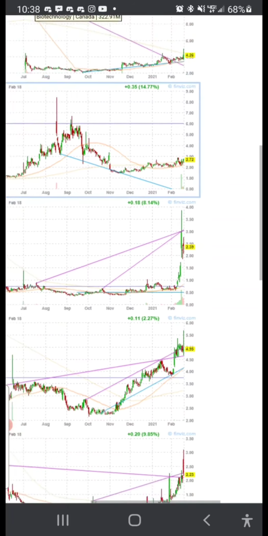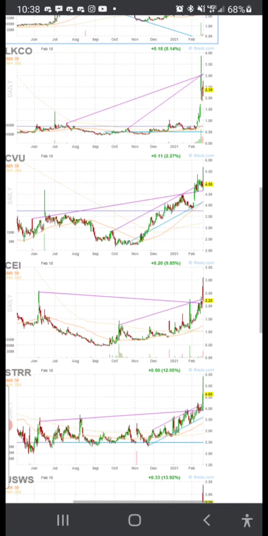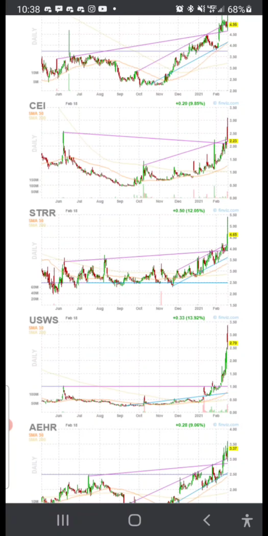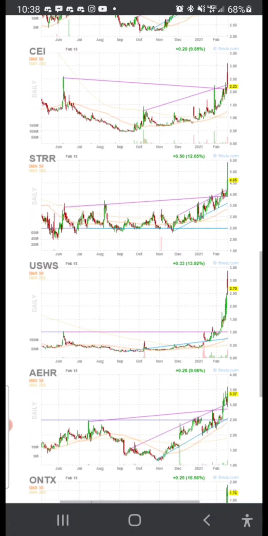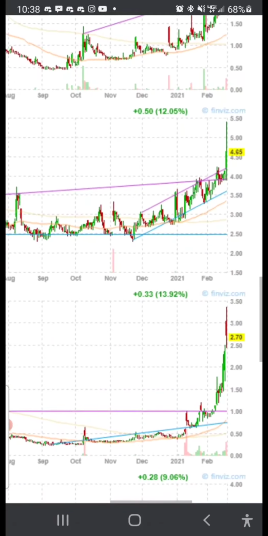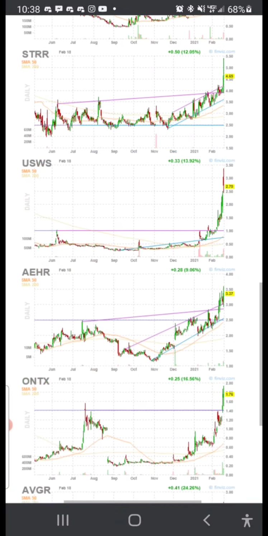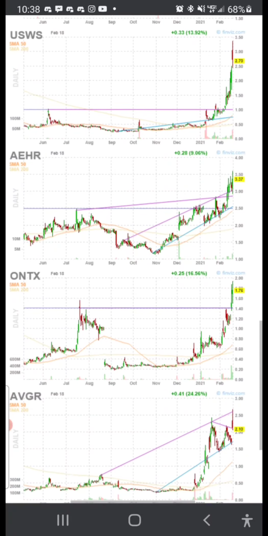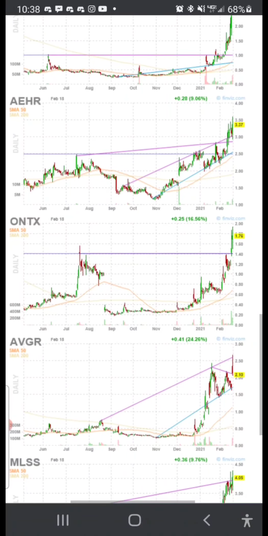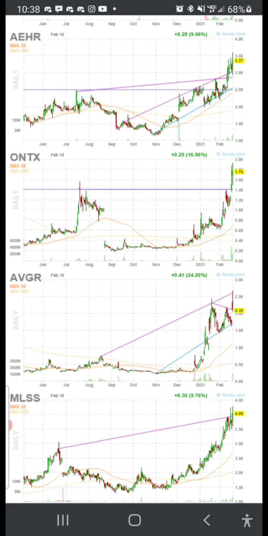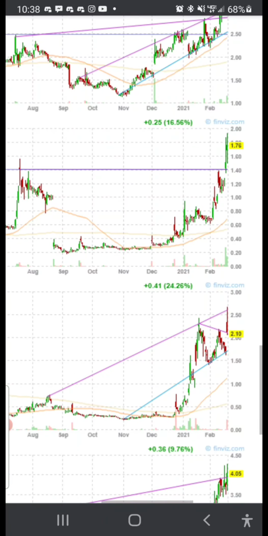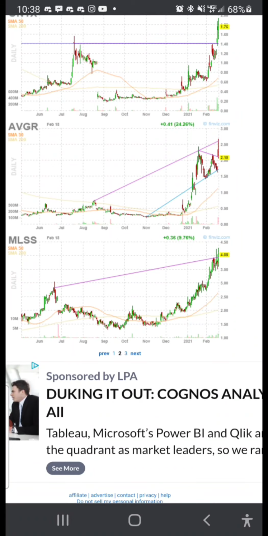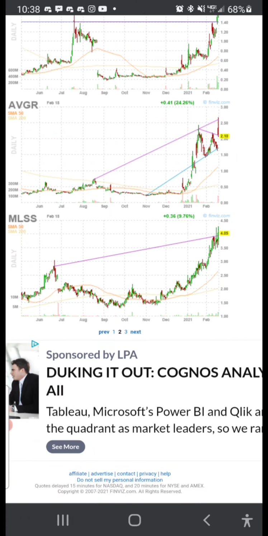This one already ran. No. Not seeing anything going on here, but it ran. Looks like a breakout. Breakout higher. And yeah.